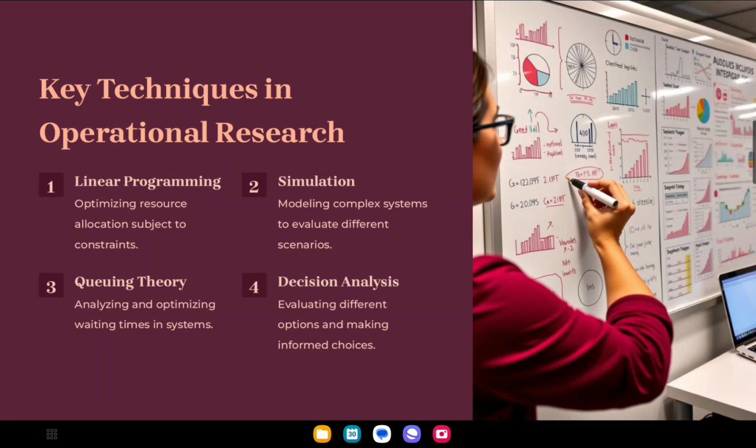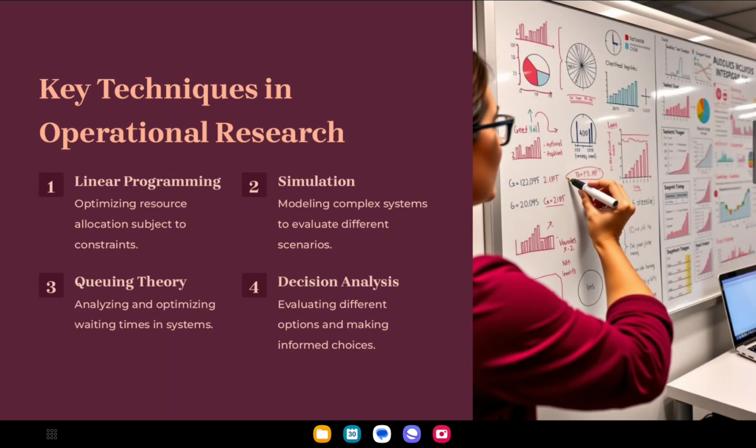The second technique is simulation. By modeling complex systems such as traffic flow or supply chains, simulation allows organizations to test different scenarios without the real world risk.